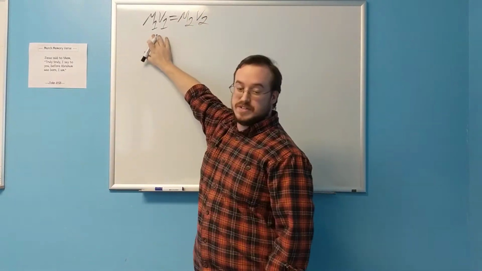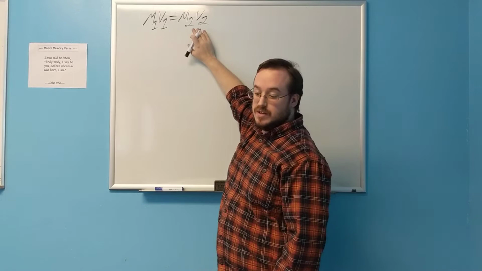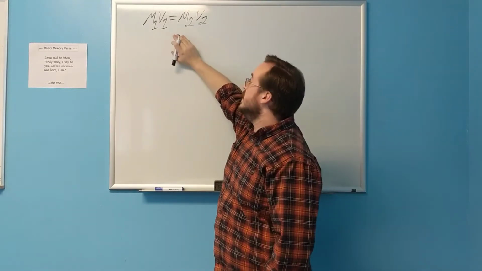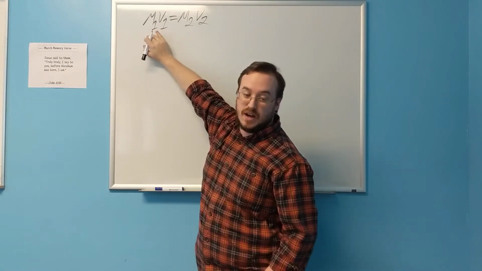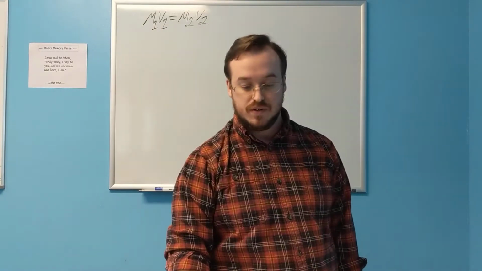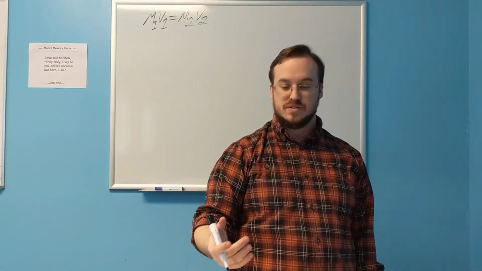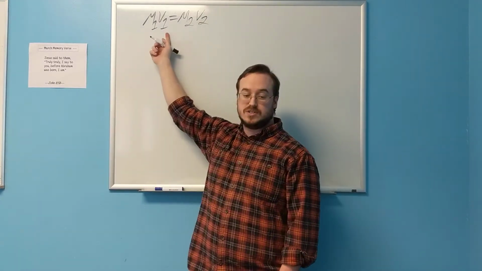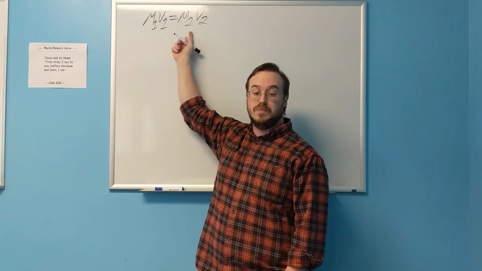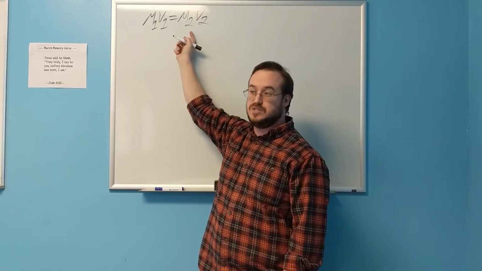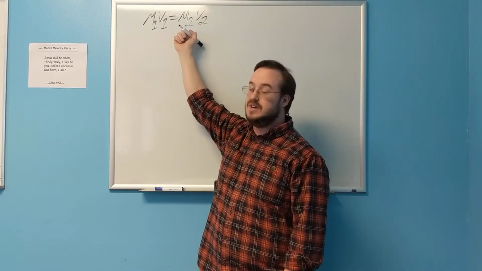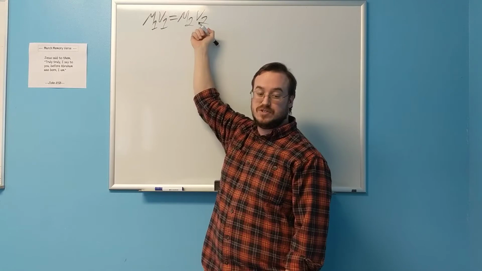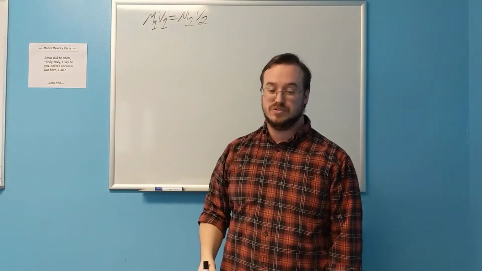So obviously the 1s are what you're starting with, 2 is what you're working towards. M is the molarity of the actual source or stock solution. V is the volume of stock solution. M2 is the molarity of your diluted solution. So this is what your finished product is. And V2 is the volume of that dilute solution.